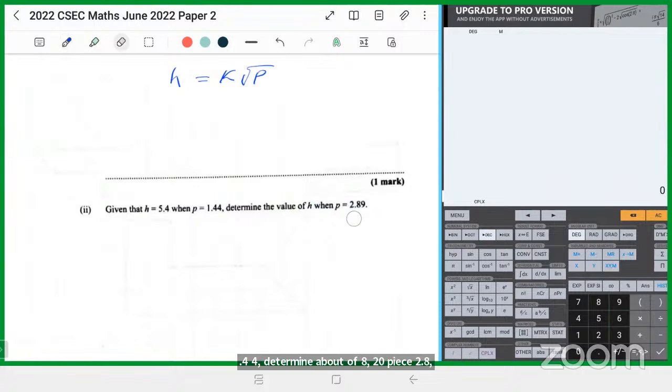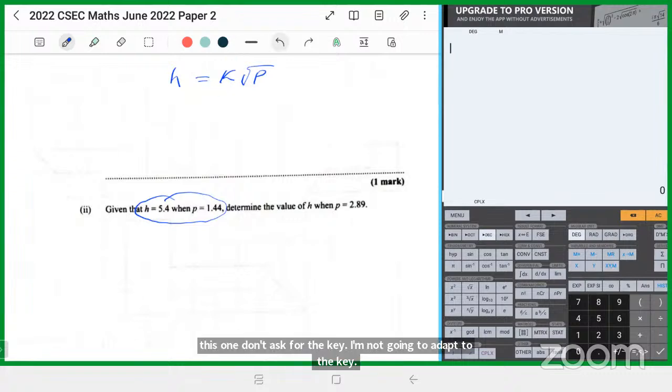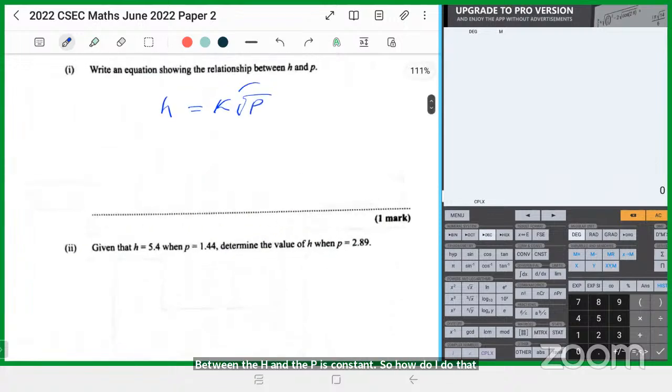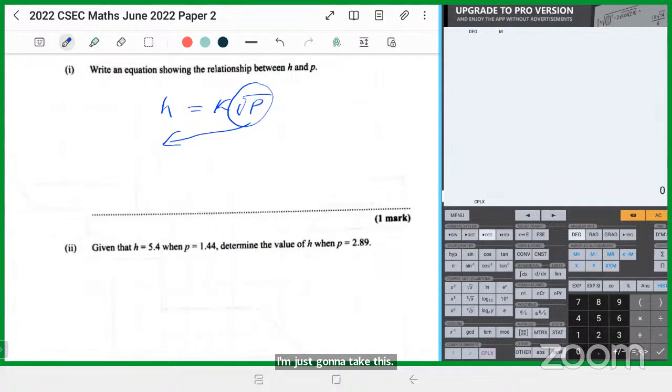Now, for this question, you can actually use these two values, substitute them in there to find the k if you want. But that really is a waste of calculation time. You're not getting any marks for calculating the k. Some questions will ask you for the k, some will not. Because this one doesn't ask for the k, I'm not going to calculate it. What I'm going to do is make k the subject, and that subject is always a constant. So I take this root of p and divide it under the h.